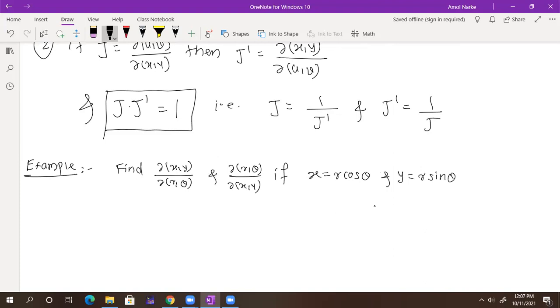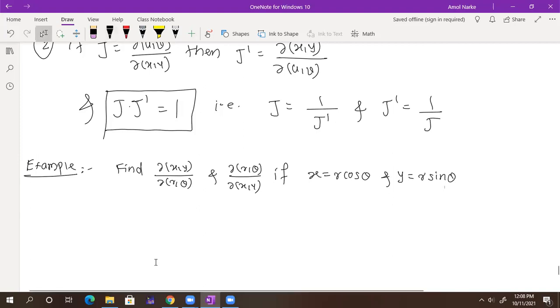Tell me now how you can find this. Which one is easier to find, first or second? The first one is easy. So how can you find the first one?